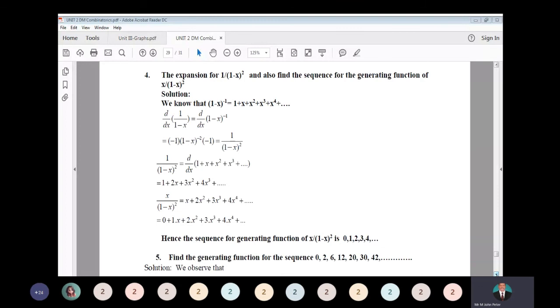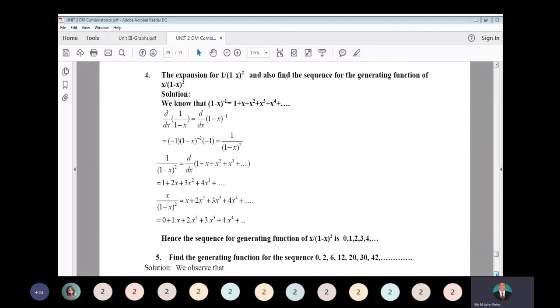Find the expansion for 1 divided by 1 minus x whole square, and also find the generating function of the sequence x divided by 1 minus x whole square. We know the binomial series 1 minus x power minus 1 is equal to 1 plus x plus x square plus x cube plus x power 4 and so on.